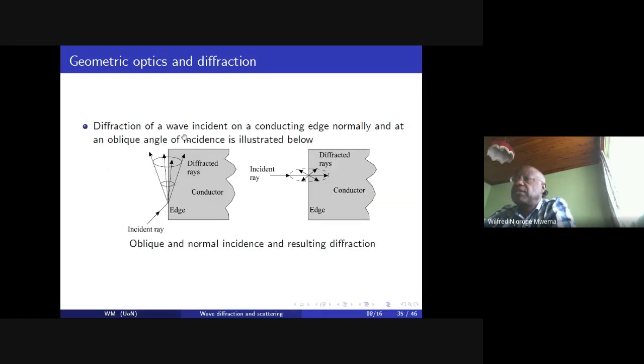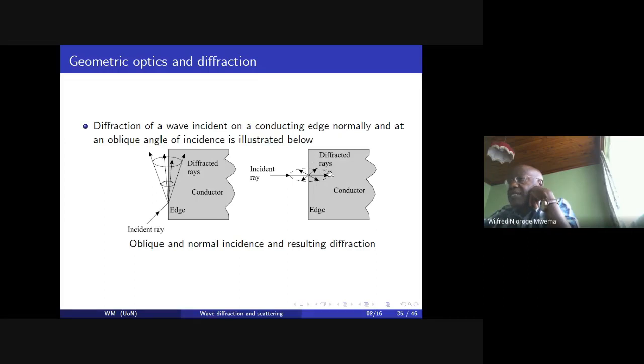So diffraction of a wave that is incident on a conducting edge at normal incidence and at oblique angles is shown here. For an oblique angle, the diffracted rays lie on a cone, so to speak. For the normal incidence, we have that kind of value there.